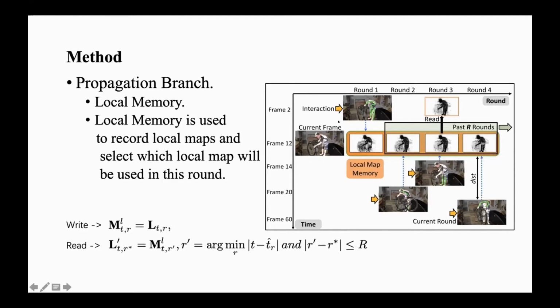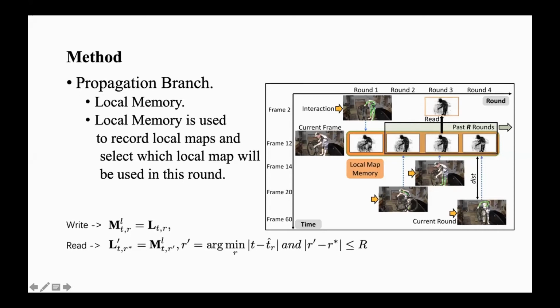For example, when we compute the mask of the current frame 12 at round 4, we use the local matching map at round 3, because the annotated frame at round 3 is very close to frame 12, and the annotated frame at round 4 is far away from the current frame.